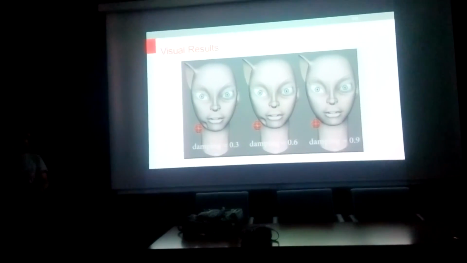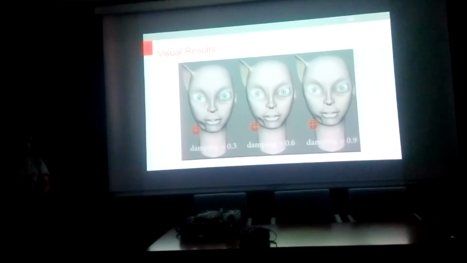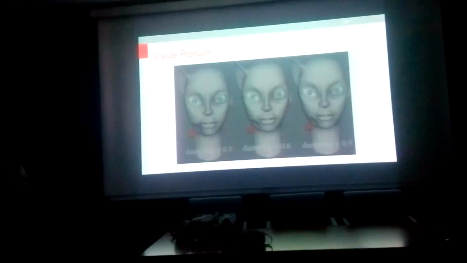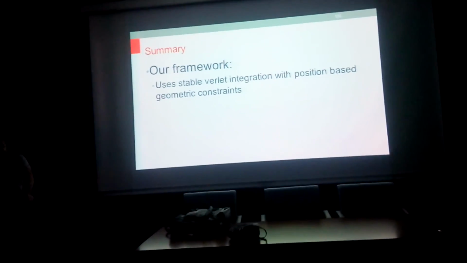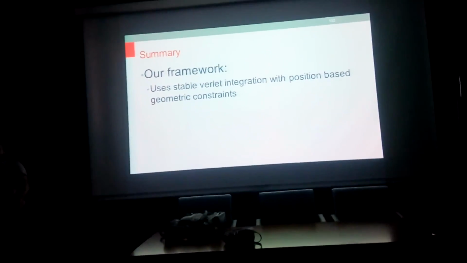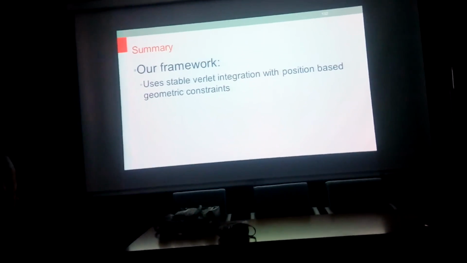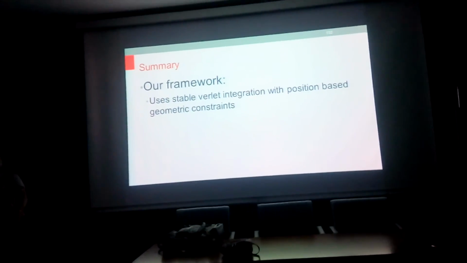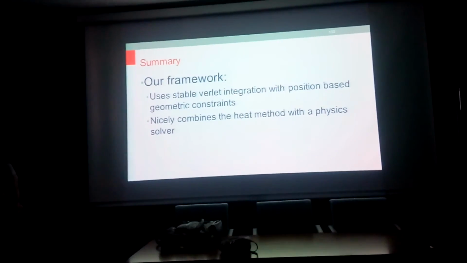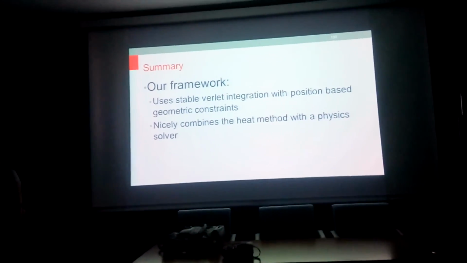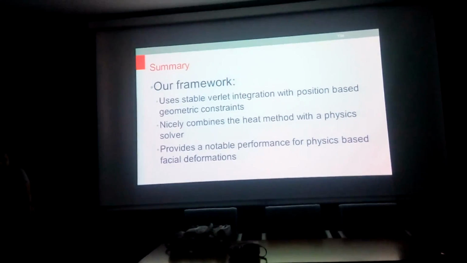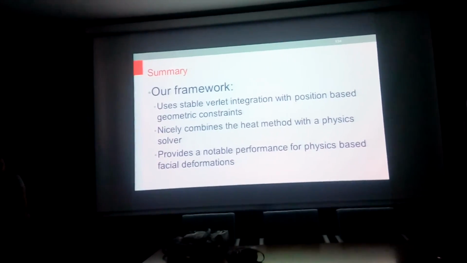Damping is also another factor for overall cosmetics. Our framework uses stable Verlet integration with position-based geometric constraints. It nicely combines the heat method with a physics solver and provides a notable performance for physics-based facial deformations.